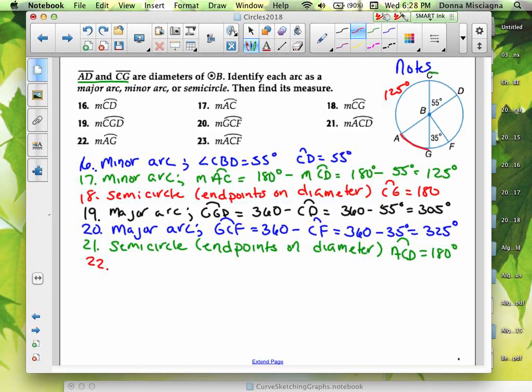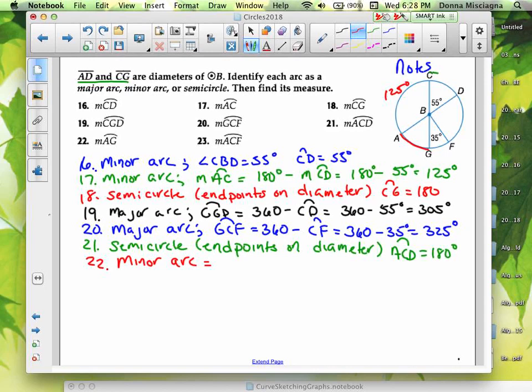So we see that from CG there is a diameter. We could just subtract 125 from 180. Let's do that. All right, well, that is a minor arc. This is not the only way we can solve it, but this is one way. So since we've already found AC, let's use this way. And then I'll show you another way because you'll see a relationship.